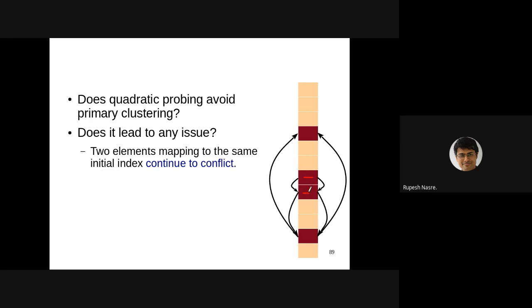Then when E2 got inserted, it got inserted at E1 plus 1. Then E1 plus 4, this is E3, right? And from there E1 plus 9 maybe, that is E4. So these conflicts are going to recur, and therefore there is a chaining between them, there is a clustering between them, just that these are looking separate.